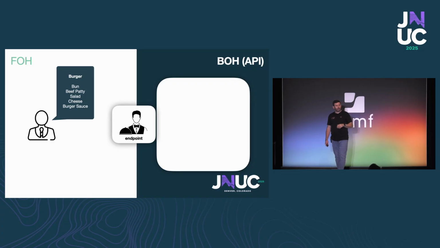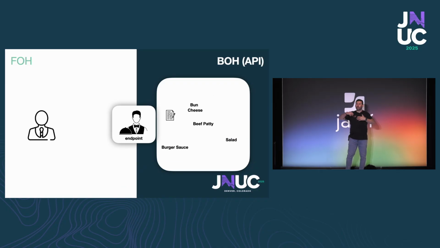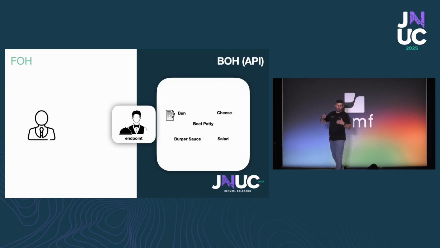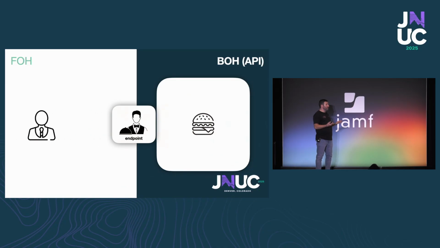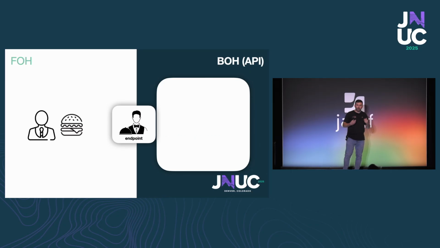So I put my request together and send it off through my endpoint, the waiter, to the back of house, the kitchen, right? The API there pulls together all the bits I need for that request, all the fields I asked for, and turns it into my response. In this case, a nice juicy burger, right? That comes back to me. So we're doing our to and from through the waiter.